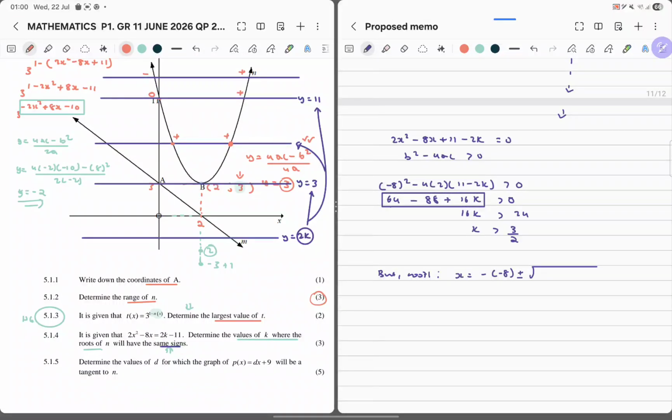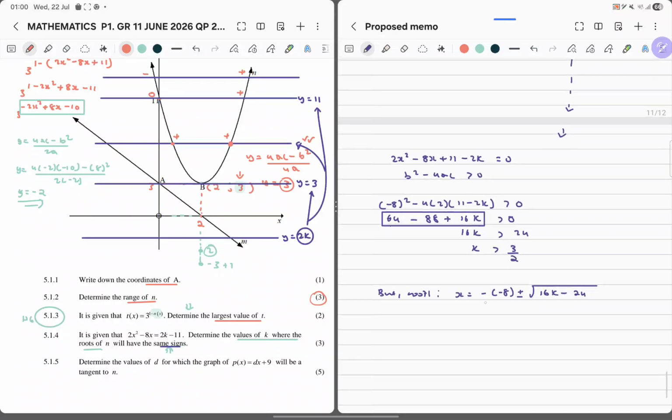So you can just quickly zoom into that. So this is just going to be 16k minus 24, all divided by 4. Right. So this is what the roots would look like.